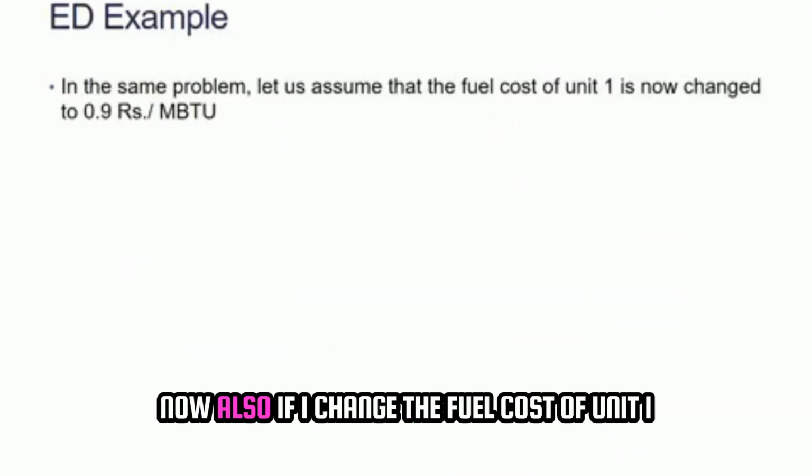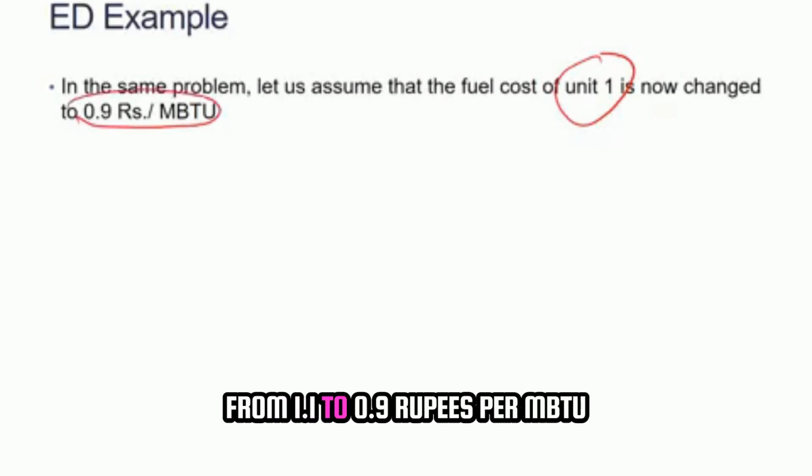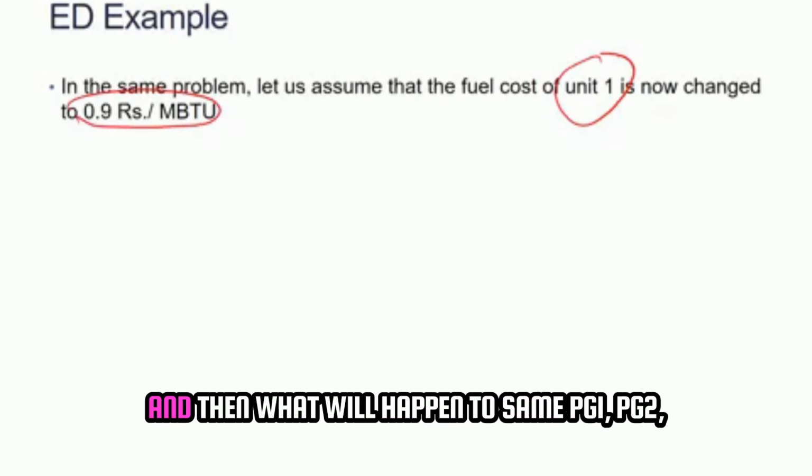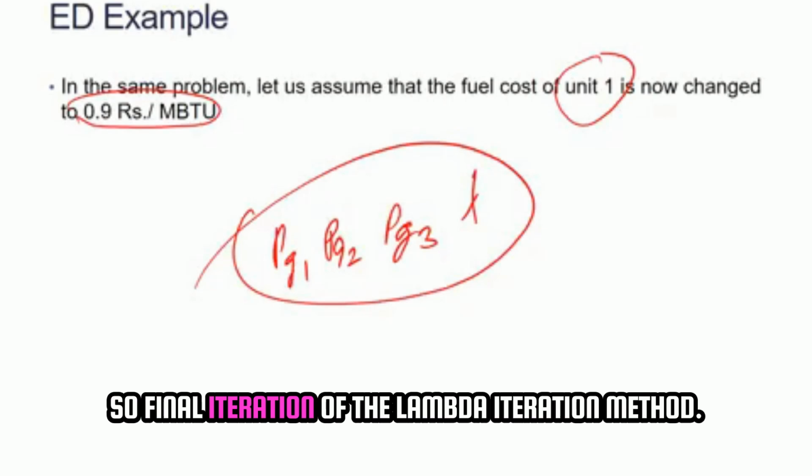Now also if I change the fuel cost of unit 1, with the rest of the units remaining the same. I just change the fuel cost of unit 1 from 1.1 to 0.9 rupees per MBTU, and then what will happen to PG1, PG2, PG3 and lambda at the end of the iteration, the final iteration of the lambda iteration method.